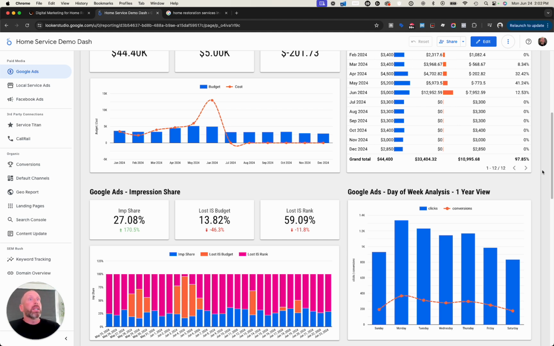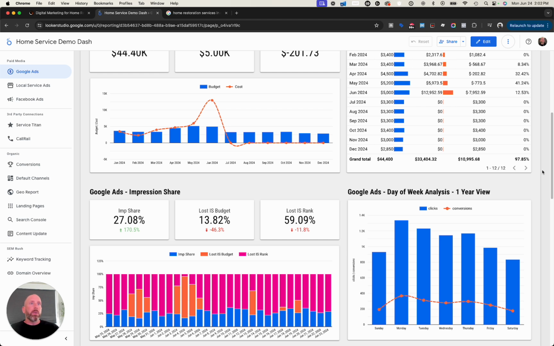We're going to get into impression share. What's impression share? Impression share is basically how often your ad shows. So what happens here is your impression share is when you're targeting certain keywords, certain zip codes or towns or cities or counties, your impression share is how often your ad shows when you targeted those areas.